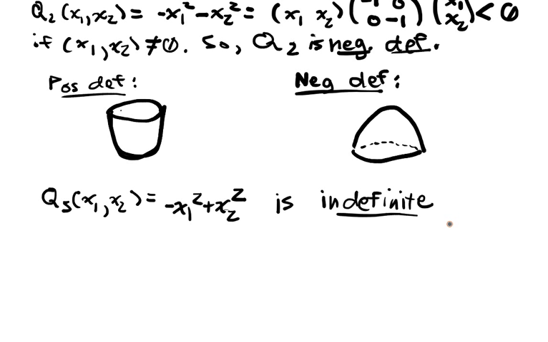In the x direction I've got negative values, a downward concave shape, and so what it looks like around 0 is a kind of saddle picture.